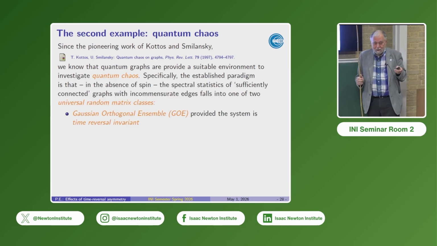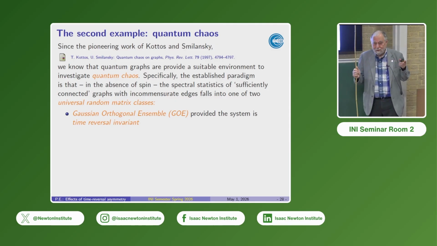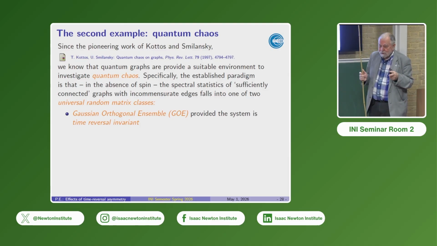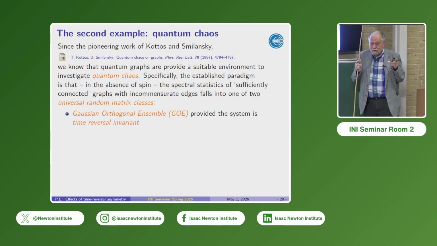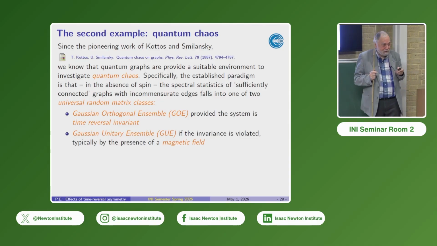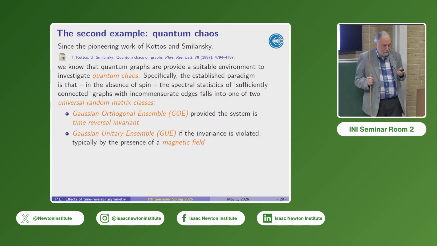In particular, we know that if the graph has no internal degrees of freedom, no spin, let's say, and the graph has sufficient connectivity, not a star graph, then the claim is that basically everything falls into two universal classes: the Gaussian orthogonal ensemble if the graph is time reversal invariant, and the Gaussian unitary ensemble if it is not, and the non-invariance is typically connected with the presence of a magnetic field.